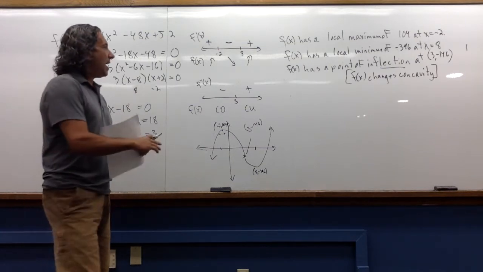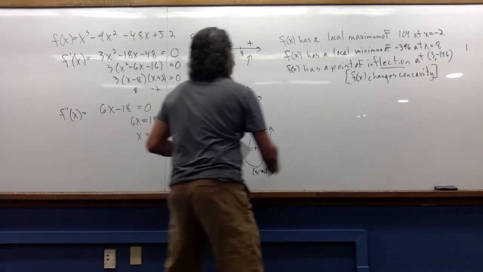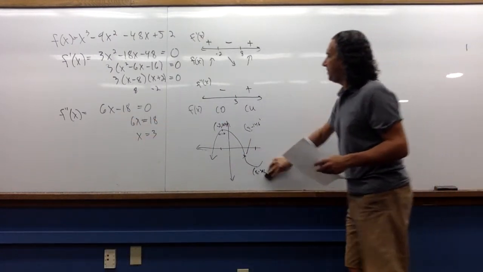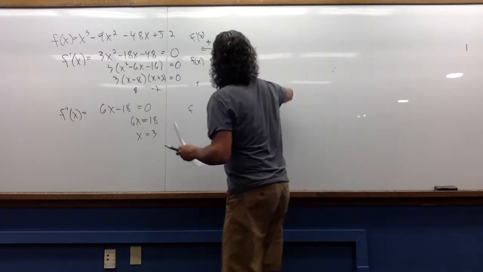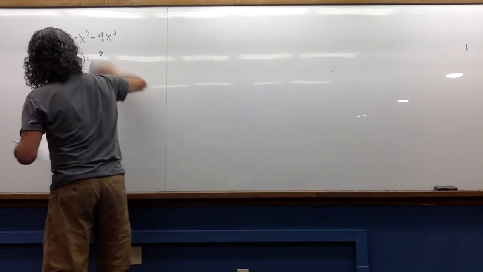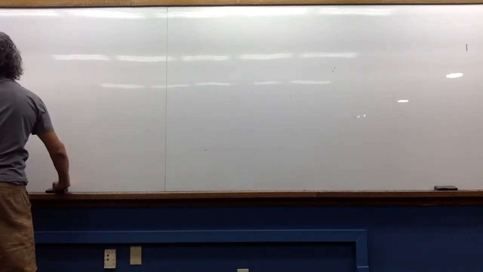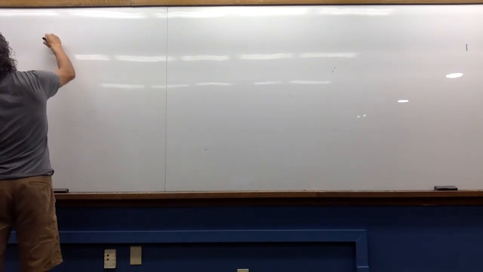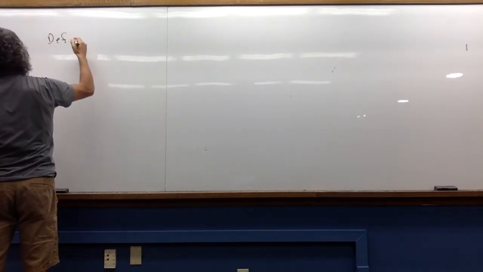All right, so one other thing that I want to talk about today is a bit of vocabulary that we're going to be using that will help us to hunt down these local minima and local maxima. So let me write the definition down. It's going to seem a little bit weird, but it'll make sense once I give you some examples.